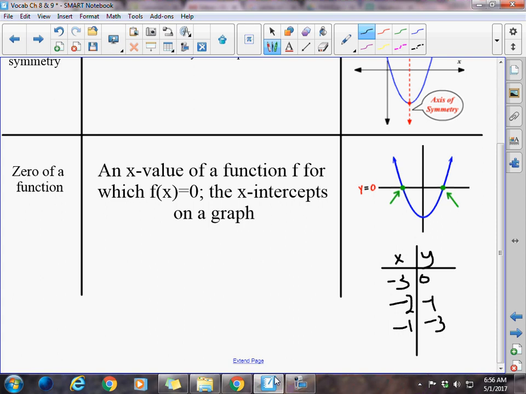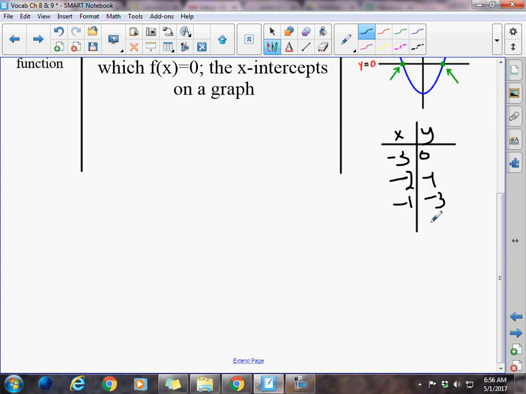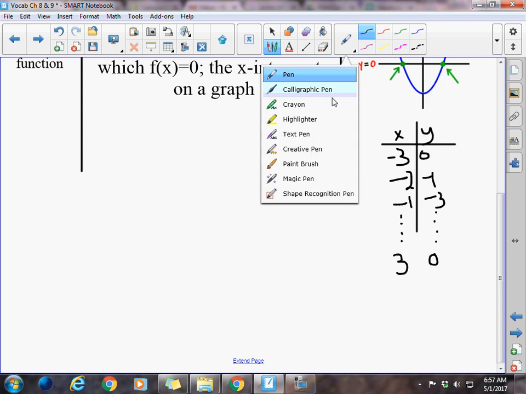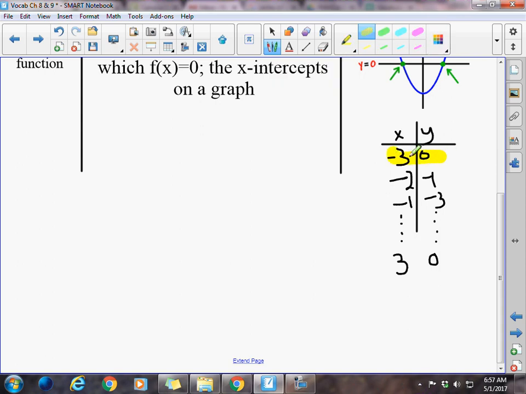Whoops, let me extend this a little bit. You keep going and you would see a pattern where way down here at 3, it would come back to 0. So, there's other things in here. I'm not putting in every value. But the idea being that here at the top, -3, you get 0. Boom, there's my 0, and there's my 0 of the graph.